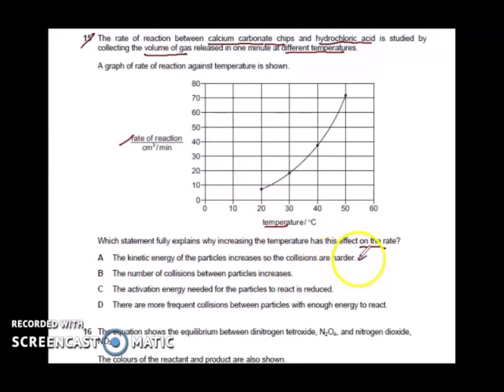It can be, so the number of collisions between particles increases. Not that accurate. The activation energy needed for the particles to react is reduced, so this is confirmed wrong. There are more frequent collisions between particles with enough energy, so it is a combination of A and B. Alright, so your best choice is D.